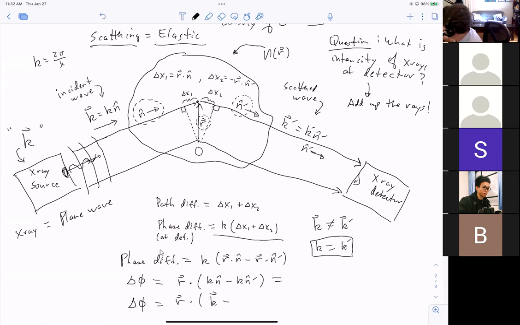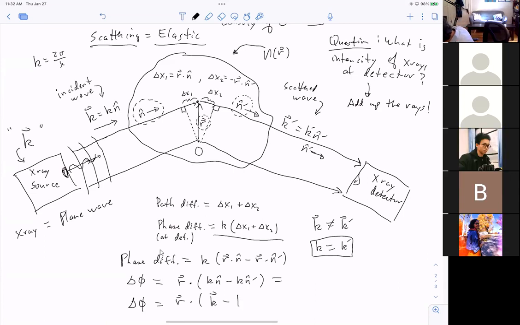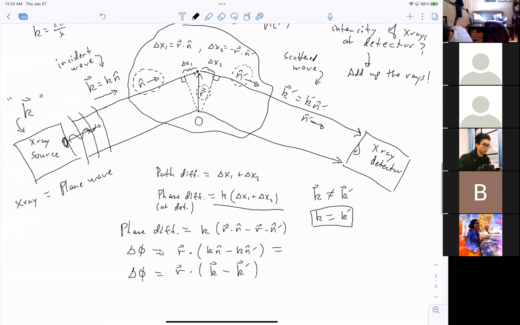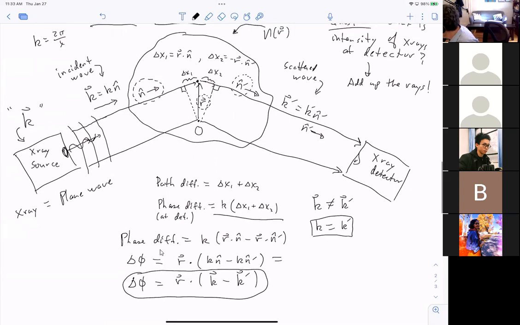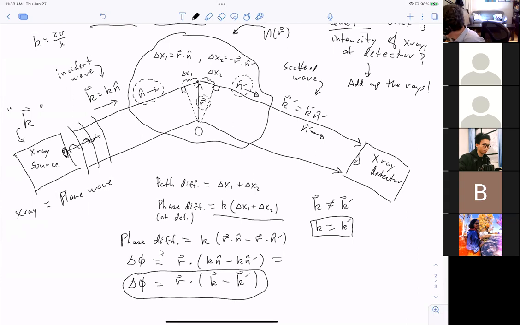That's just k prime. I have those relationships written up top. And so that leads to this very cute relationship, which is that the phase difference between the waves hitting those two points is r dot (k minus k prime).